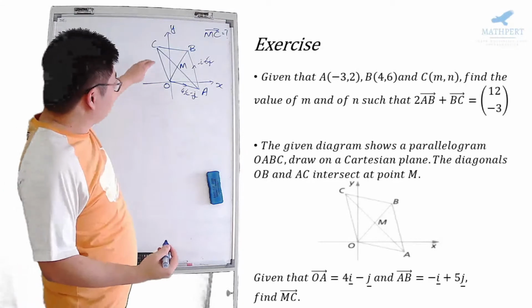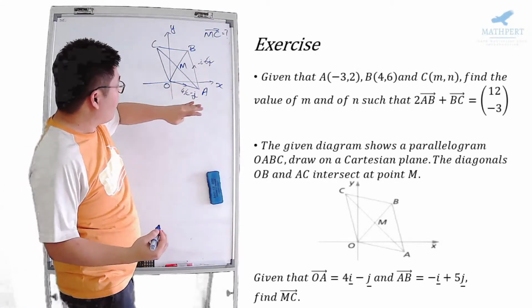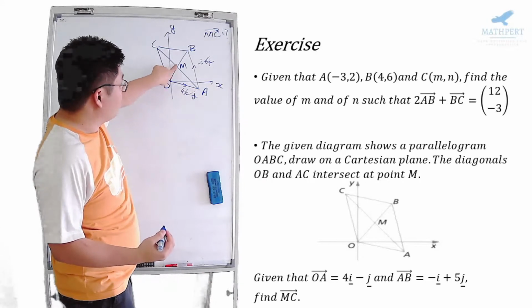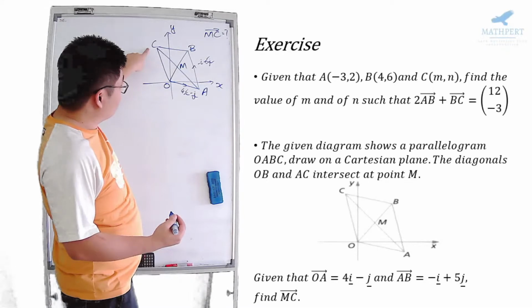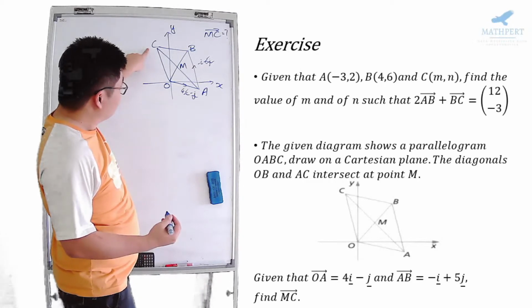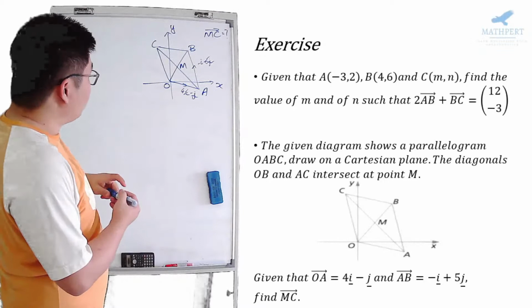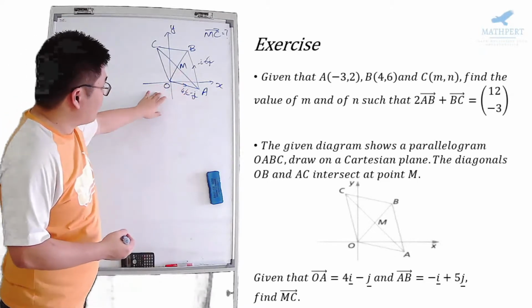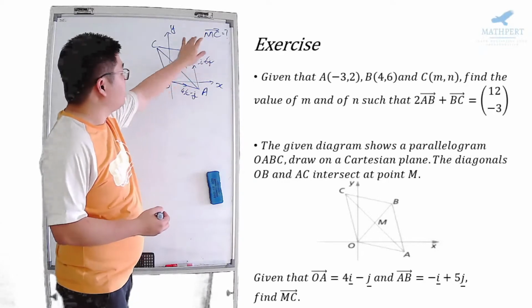Okay, we have this is a parallelogram, and we have OA and AB. Find MC. MC is from here to here. Alright, so what I can say is, MC, we can either use MO plus OC or MB plus BC.